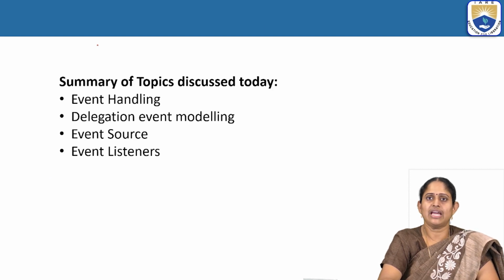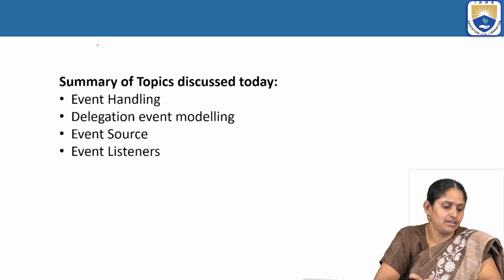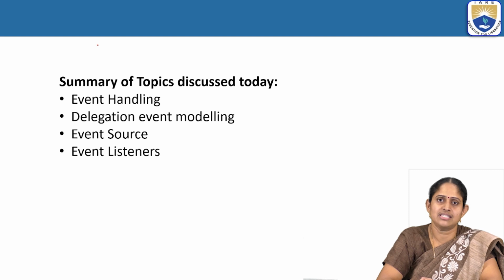In today's video, we have discussed mainly event handling, how event handling is done, what the delegation event model is, and the importance of event sources and event listeners. We also discussed some examples of mouse and key events.